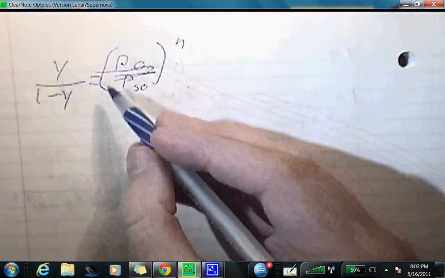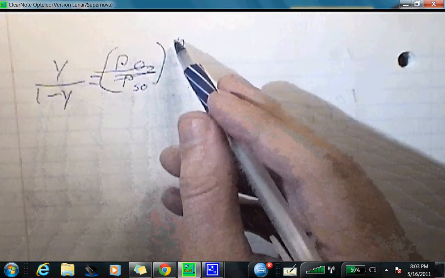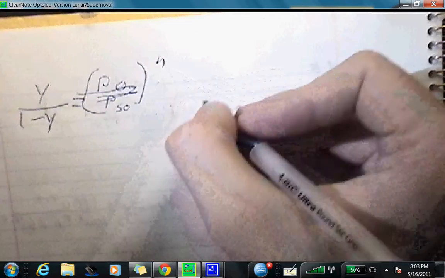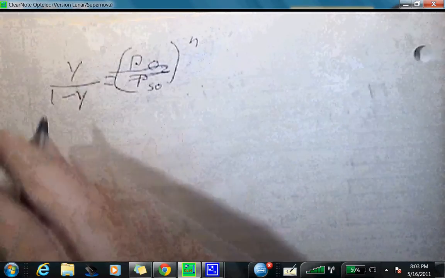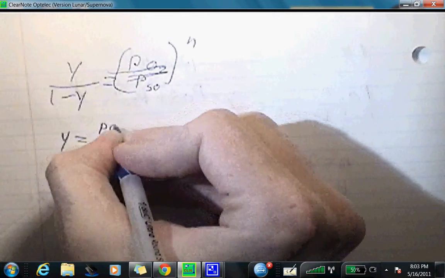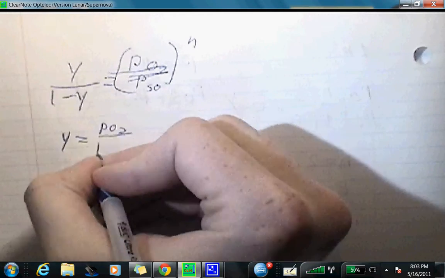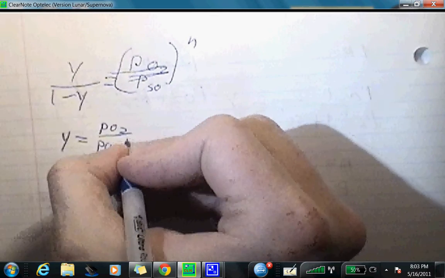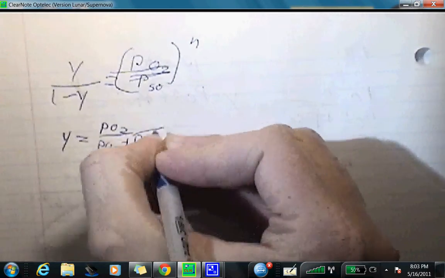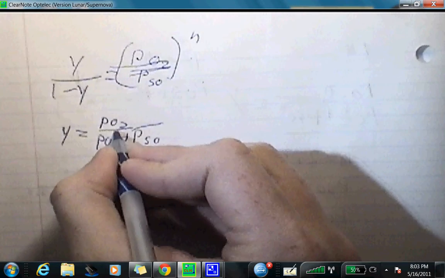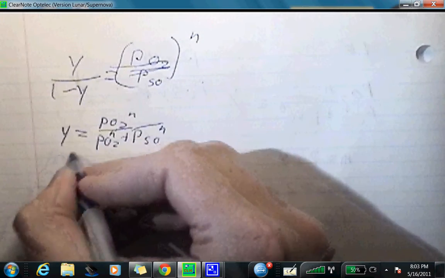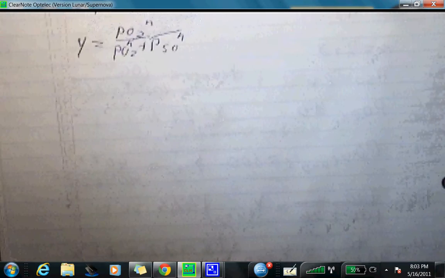You can multiply this side and divide by that side and do all this fancy stuff, and you should eventually get an equation that Dr. Gassier gave you guys, which is Y equals PO2 over PO2 plus P50, and these are all to the N. This is your ratio of saturation.